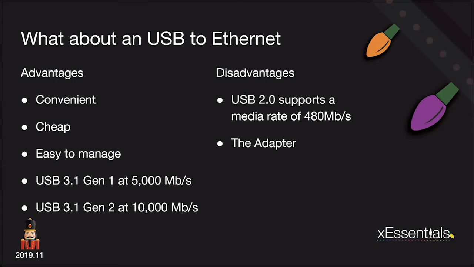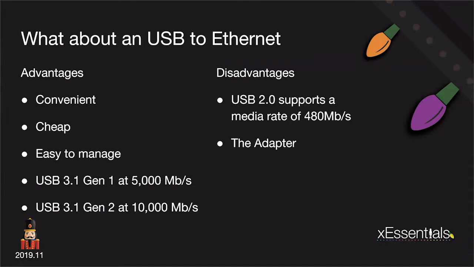So what is a USB to Ethernet adapter? This is getting into the different types of things that you could do with your PC without having to invest a lot of money. You can buy from Amazon or Walmart or any of those places a USB to Ethernet card, and the only caveat here is just to make sure that you get a pretty decent one, because there's a lot of them.